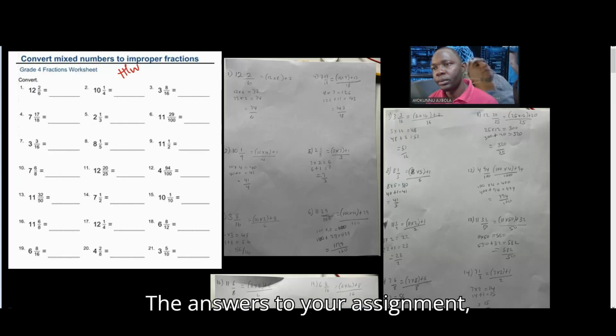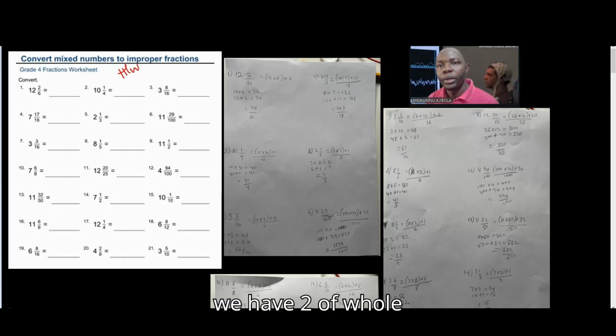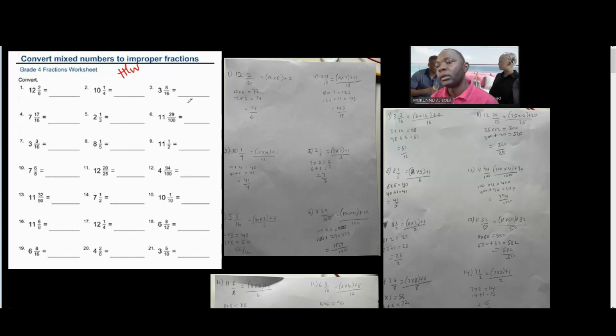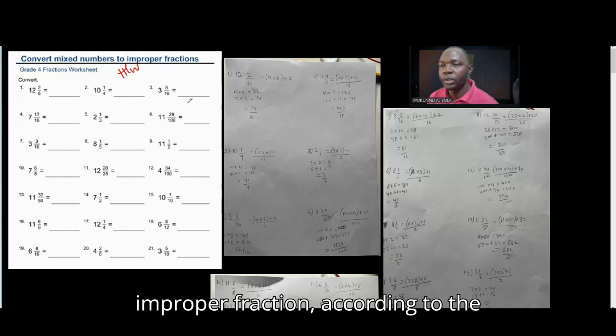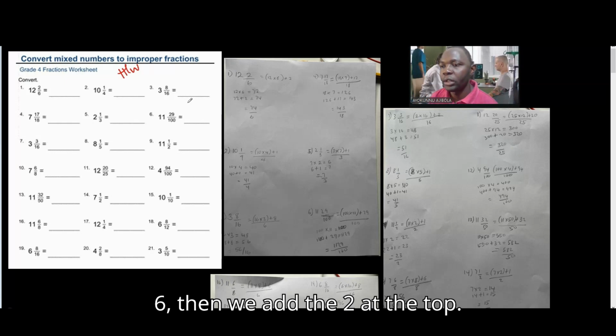Okay, I'll get the homework, then we'll continue. The answers to your assignment. We have 12 whole number 2 over 6. If we want to change it to an improper fraction, according to the topic, we say 12 times 6, then we add the 2 at the top.